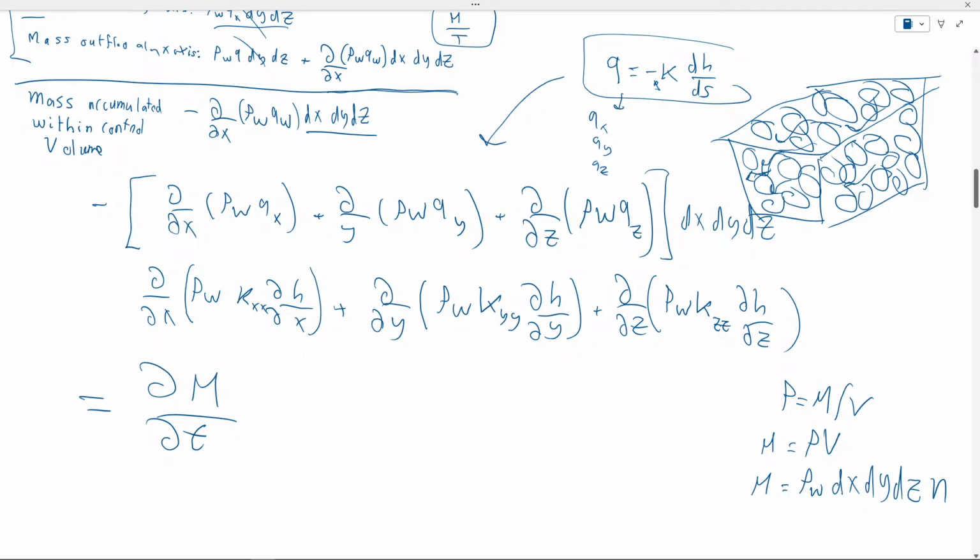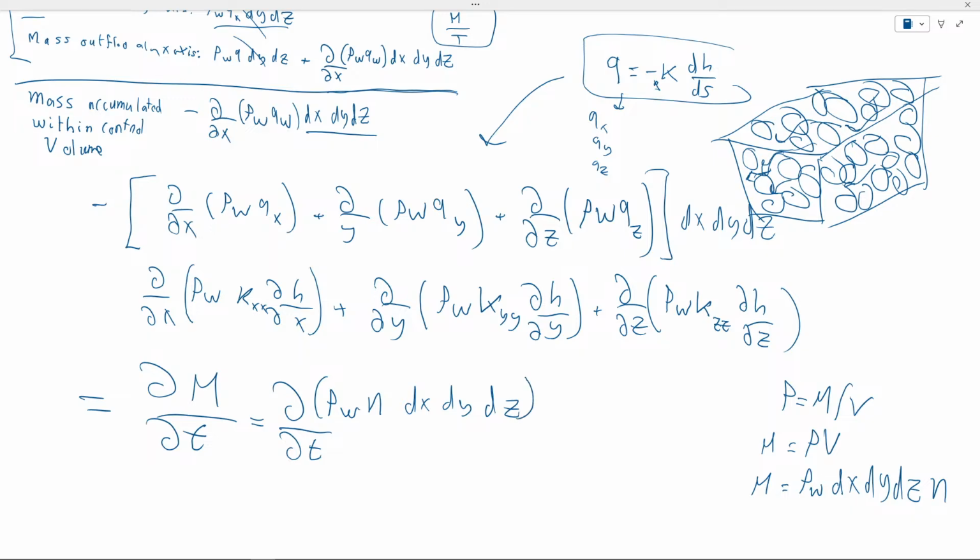So I can say that's equal to partial of rho water times my porosity times my volume dx dy dz, over t.